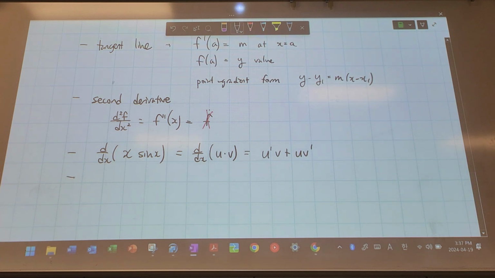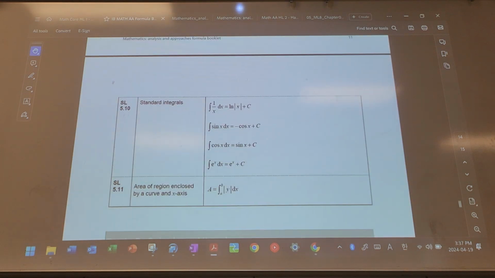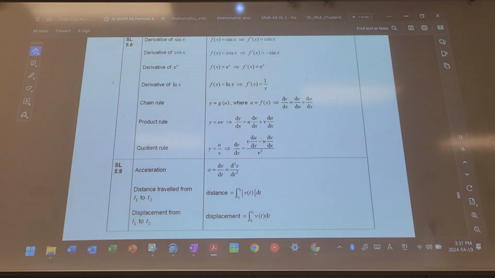We also have the quotient rule. If you ever have a case where you have u over v and you want to differentiate this, then you do a similar thing. I always like to check the formula booklet for this one because the order does matter. Is it easier to use the product rule on the reciprocal, yeah?